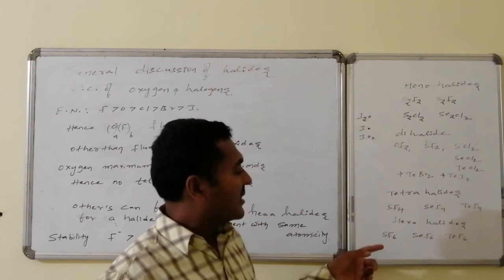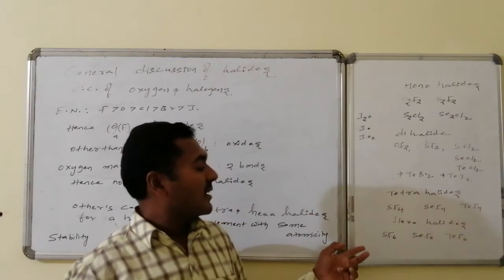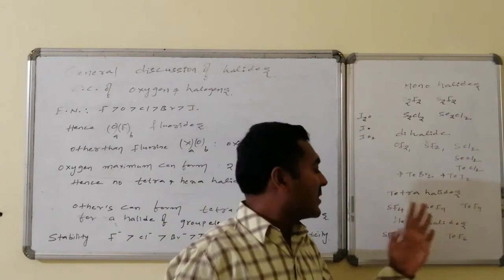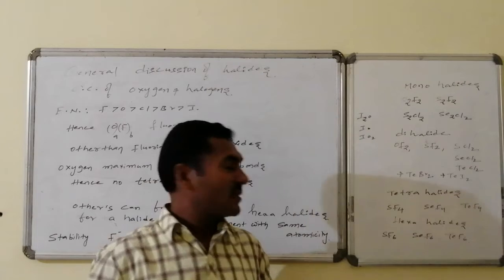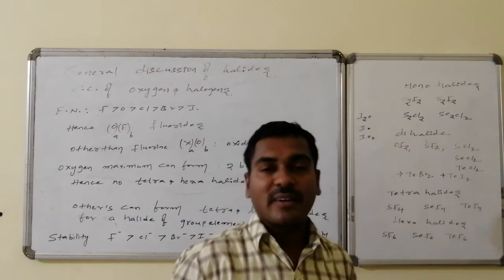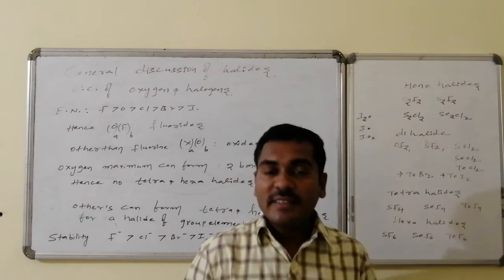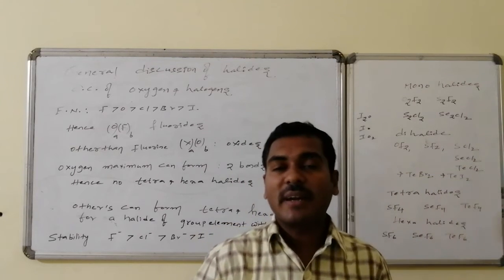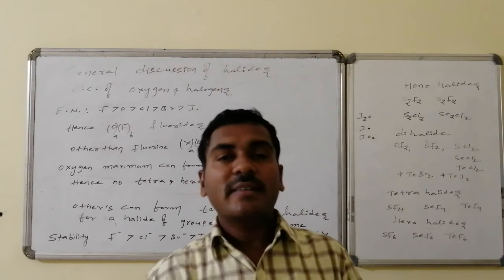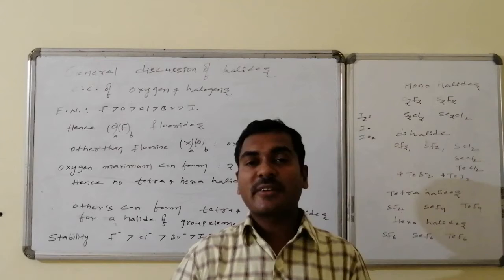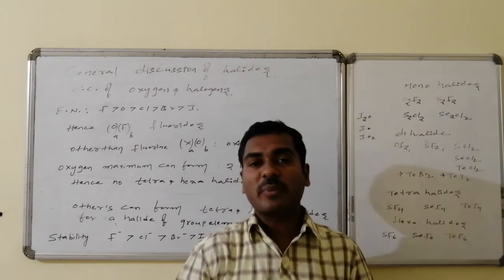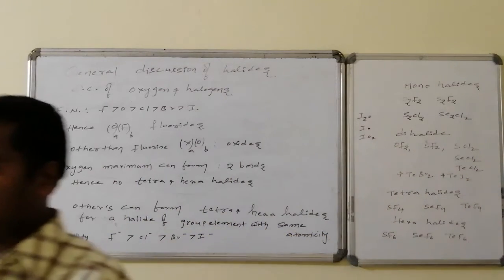Otherwise you can take sulfur tetrafluoride, sulfur tetrachloride, sulfur tetrabromide. In this case, stability will be highest for the fluoride, then next for the chlorides, and next for the bromides and the iodides.